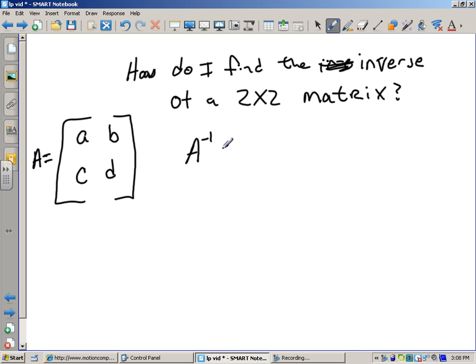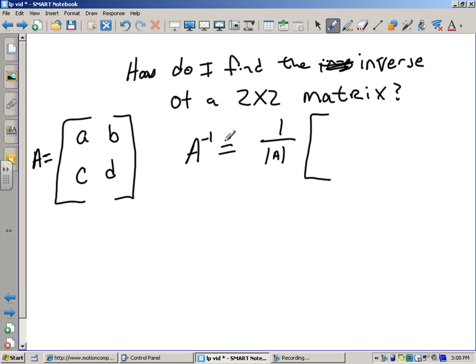We just put 1 over the determinant of A, so we'll write it like this, absolute value, but this stands for determinant of A. Notice it's a capital letter here, so we know we're talking about a matrix.